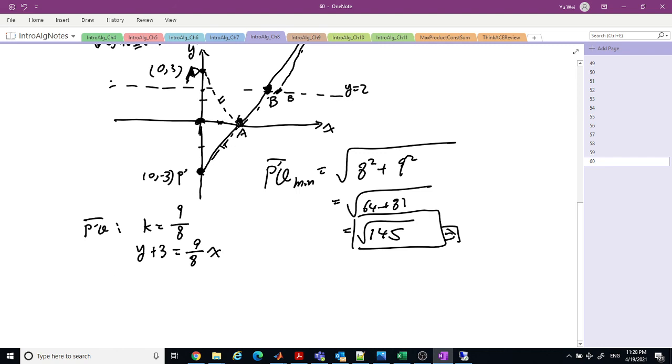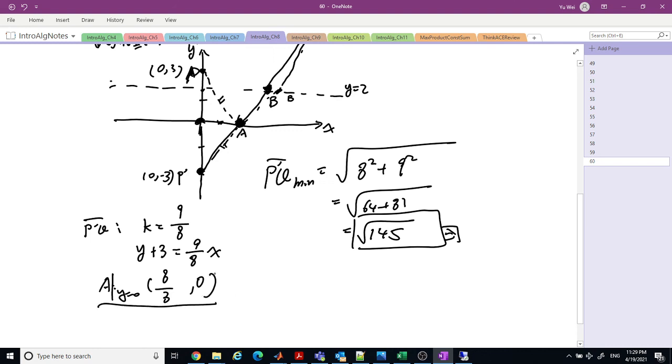Because A is on the x-axis, y equals 0, so we set y equals 0. Then x equals 8 over 3.